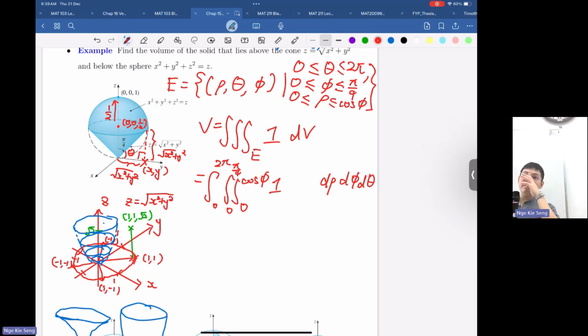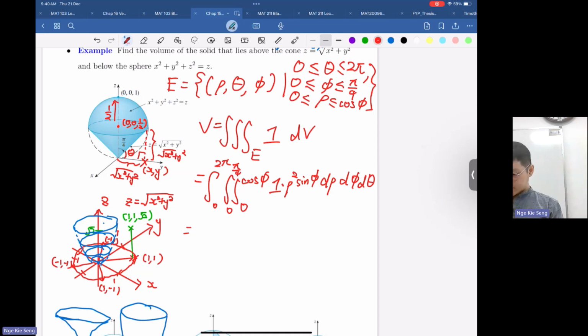But remember that when you swap from rectangular coordinates to spherical, you need to introduce a Jacobian. So what's the Jacobian for spherical coordinates? Rho squared sine phi. Good, so you can go and integrate this.